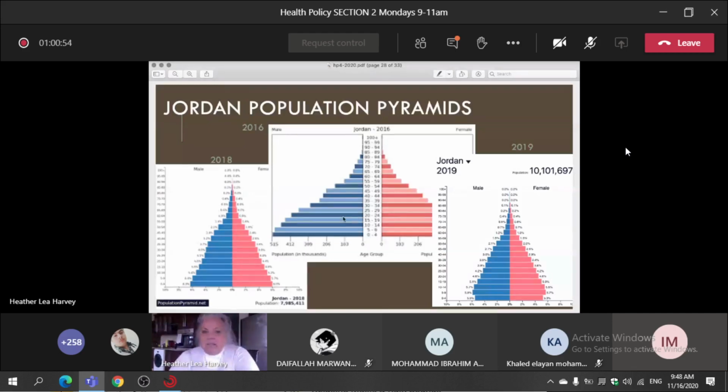Notice here, by 2016, are we still having a high number of births? Yes. As we look through the years, it's decreasing, but we still have a lot more births than we do anything else, right?